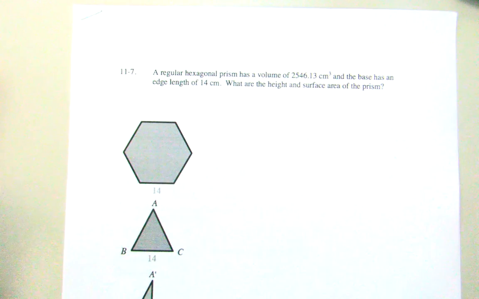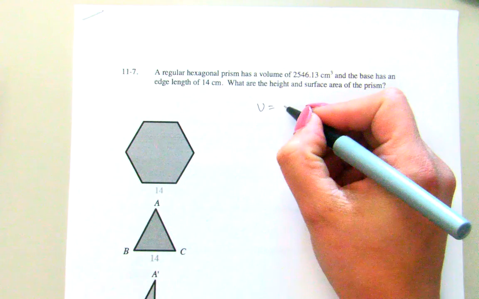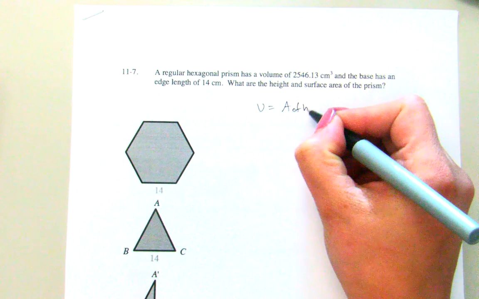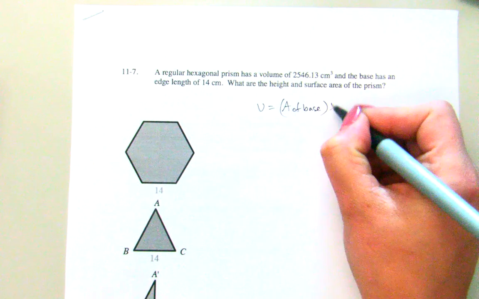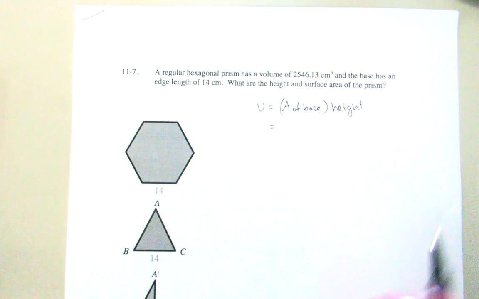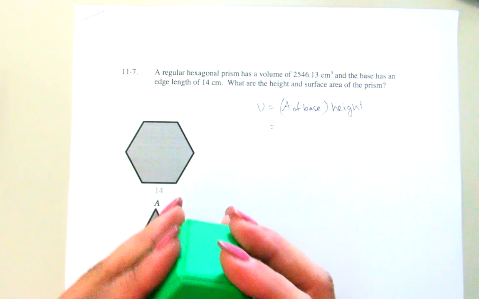So in this case, the volume is equal to the area of the base multiplied by the height. We don't know what the height is, but the problem tells us that 14 is the edge of the base.